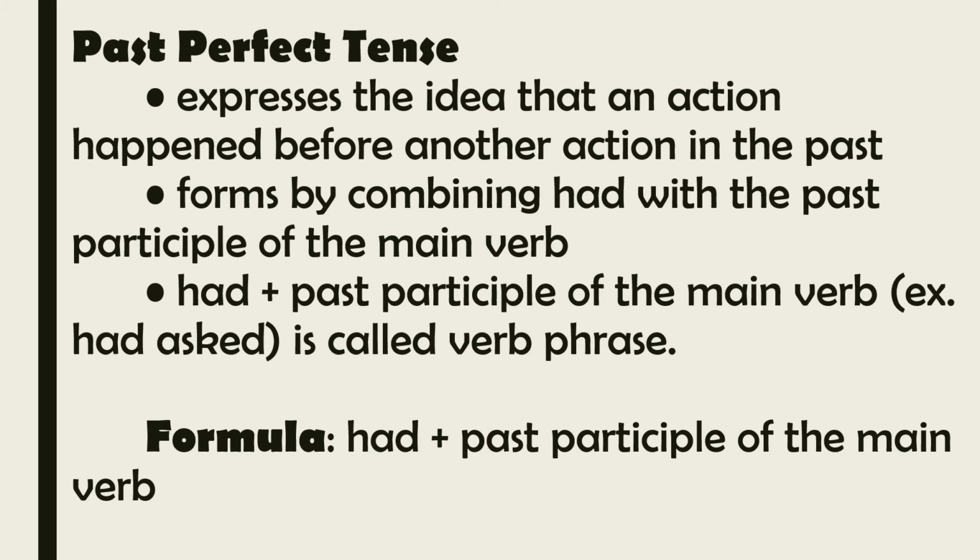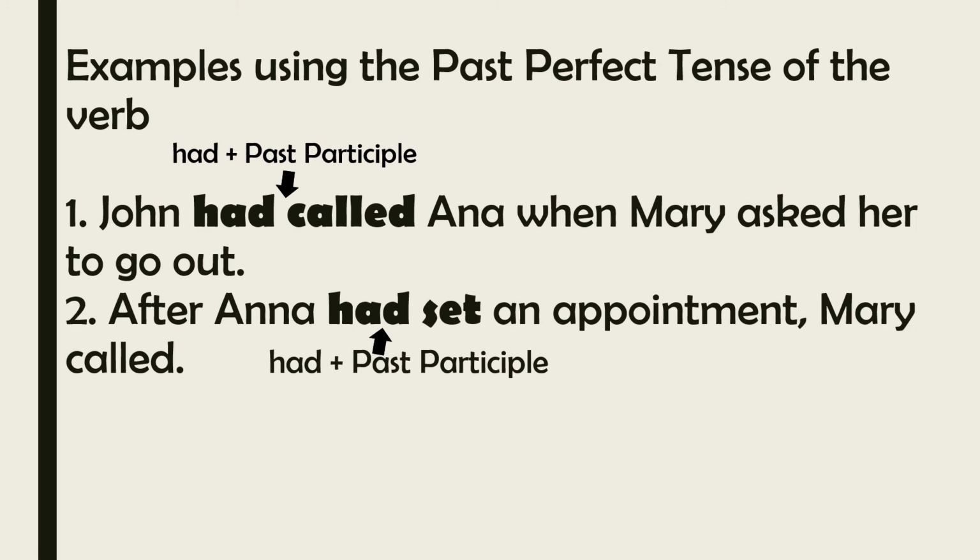The past perfect tense expresses the idea that an action happened before another action in the past. Number two, it is formed by combining had with the past participle of the main verb. So the formula is had plus past participle of the main verb. This is called a verb phrase.